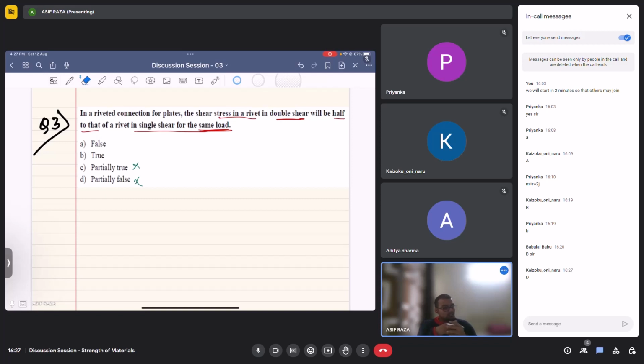Let me know Shiva's perspective. Why do you think it's partially false? Aditya has given answer option B. Shiva, if you may, or was it just a guess?